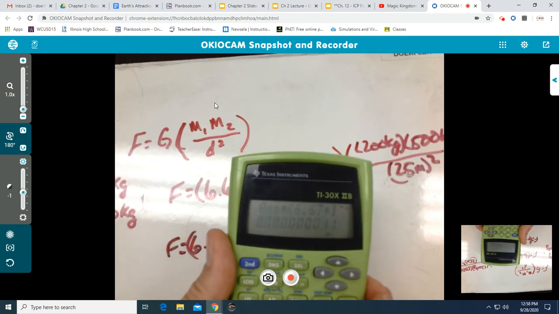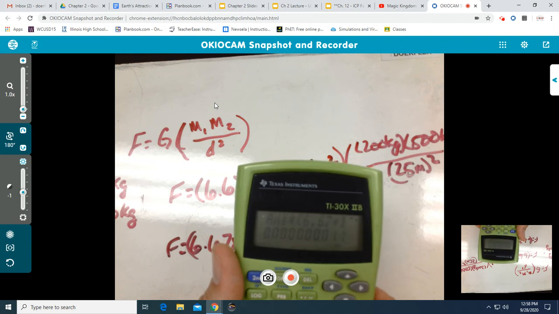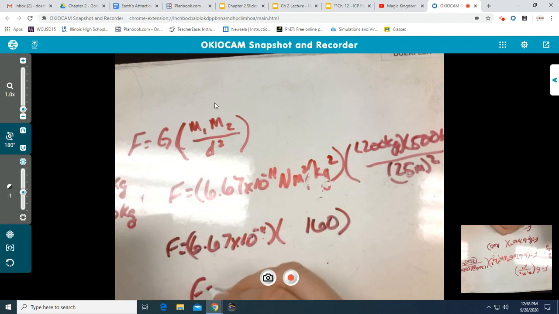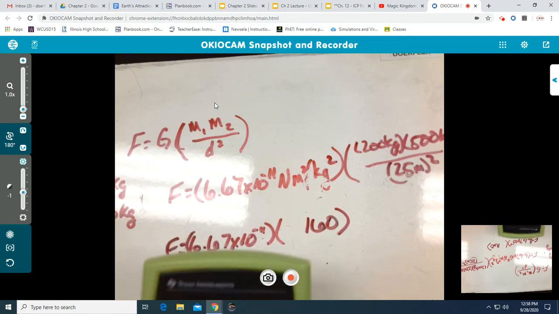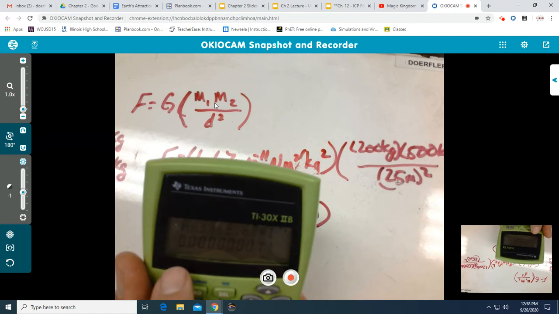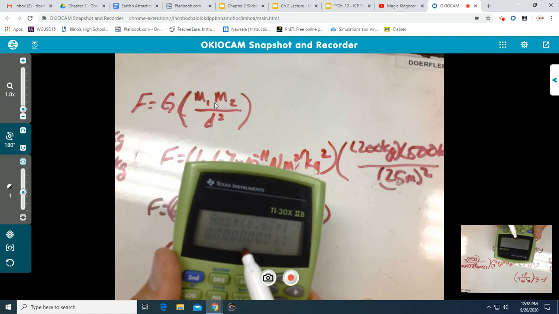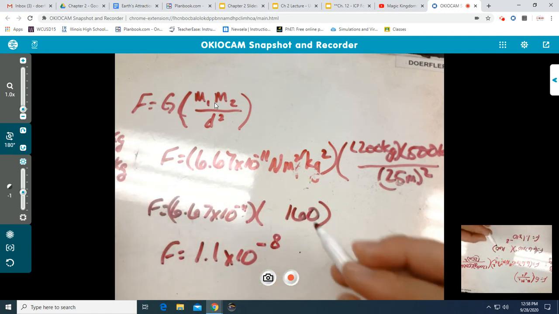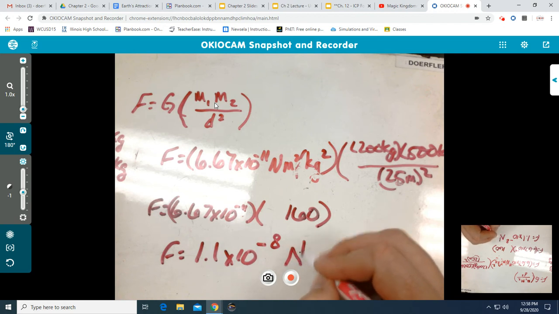So you get a really small number. If we count, we get a force equal to 1.1 times 10 to the negative, 1, 2, 3, 4, 5, 6, 7, 8, 10 to the negative 8th newtons.